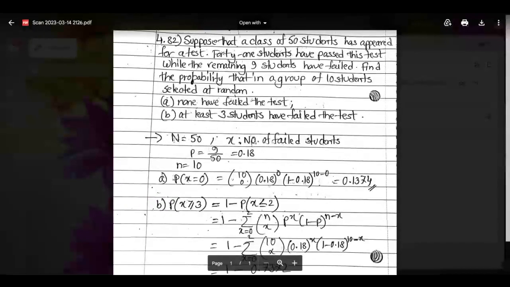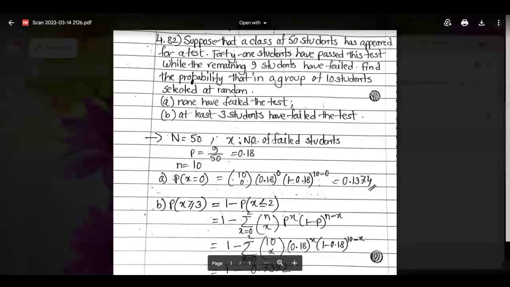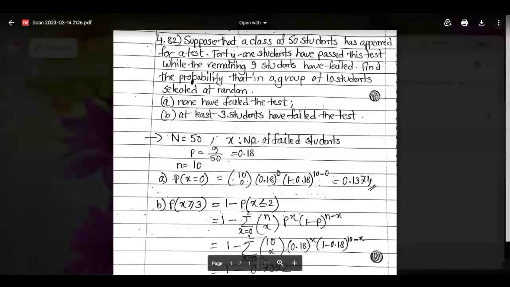So the number of total students is 50, and I let X be the number of failed students. So the probability of a failed student is 9 over 50, as it is given that 9 students have failed the test out of 50. That is 0.18.